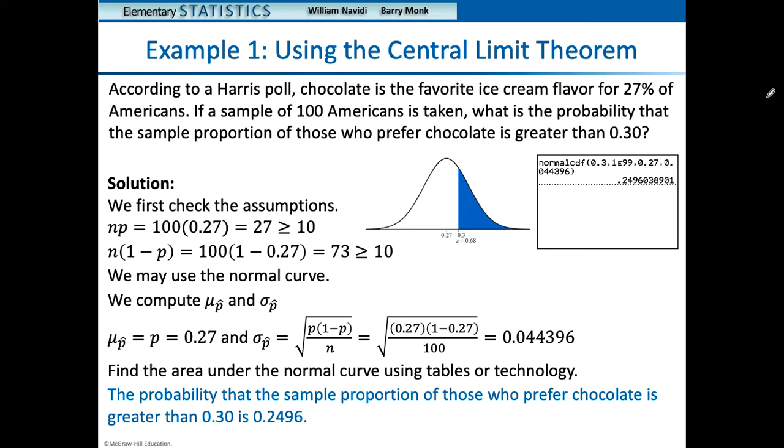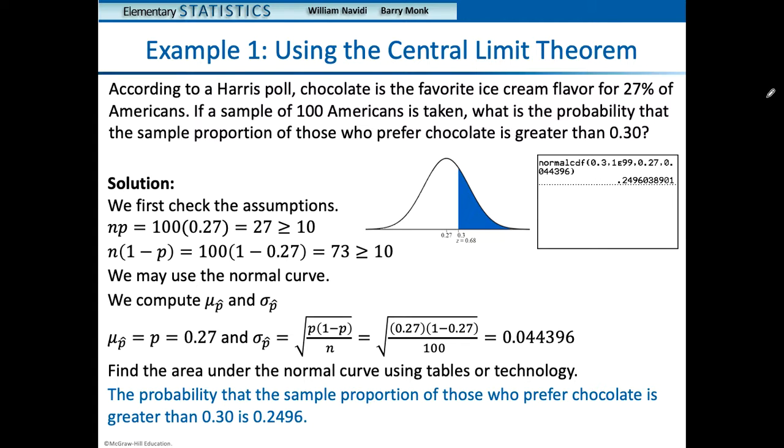So n times p would be 100 times 0.27, and that's equal to 27. And that number is definitely greater than 10. n times 1 minus p is equal to 100 times 1 minus 0.27, and that's equal to 73. And that number is also greater than 10, right? So the sample size is sufficiently large for us to treat the sampling distribution as a normal distribution.